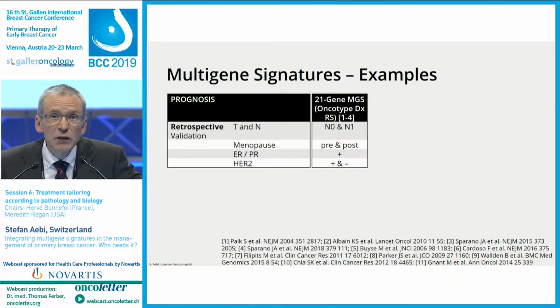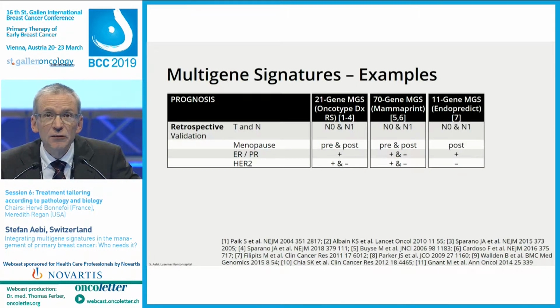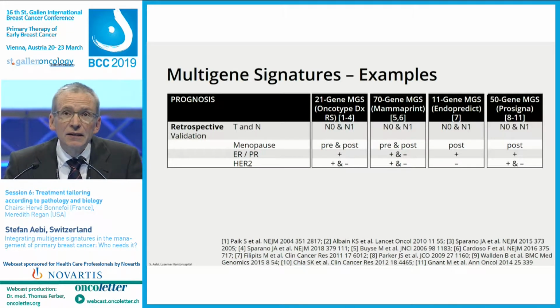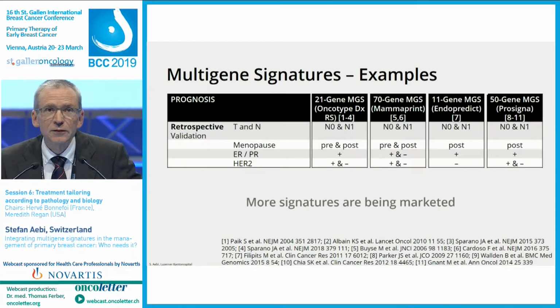You had pre- and postmenopausal patients with ER-positive disease, HER2-positive and negative in the retrospective validations. You have slightly different patient and tumor characteristics in the 70-gene MGS, MammaPrint, in the 11-gene MGS, EndoPredict, and in the 50-gene, the Prosigna. Again, you see that there are slightly different inclusion criteria for the validation studies, and you need to keep this in mind when you choose a particular test.